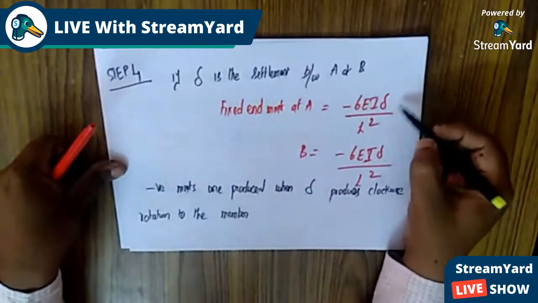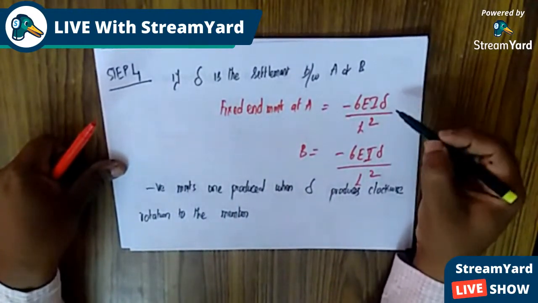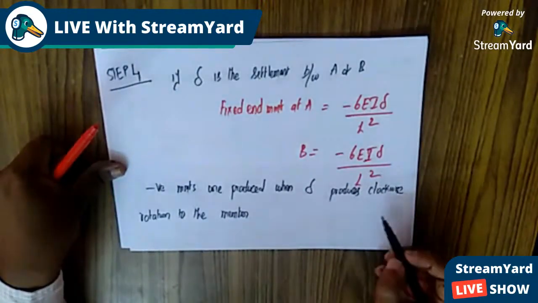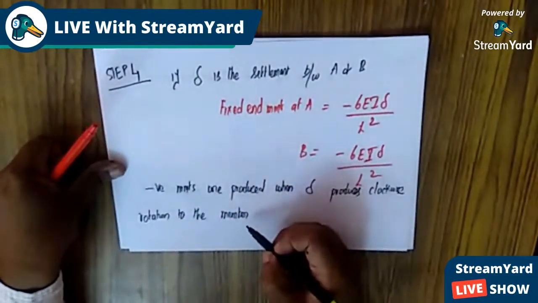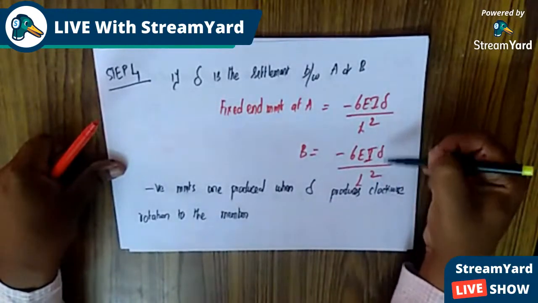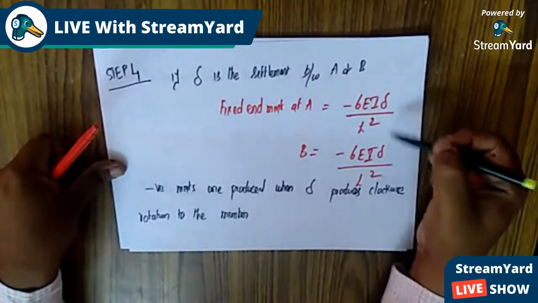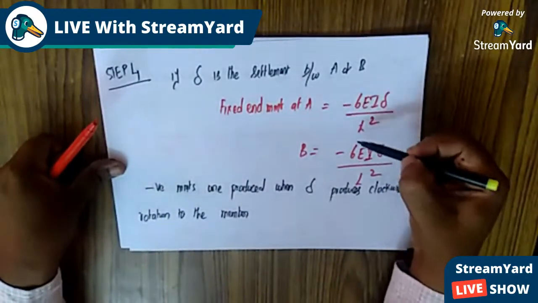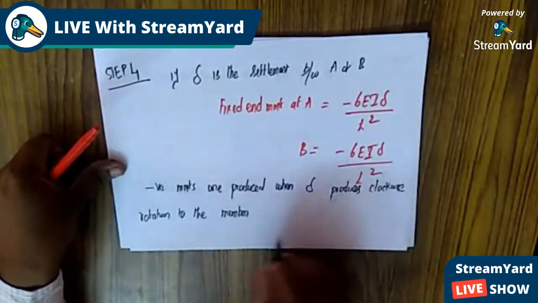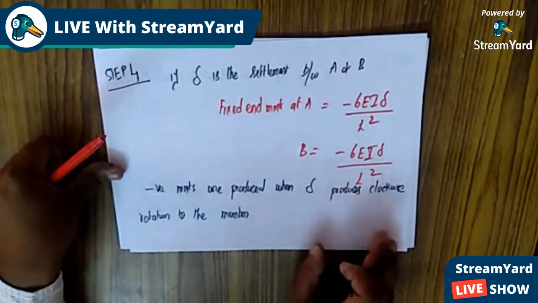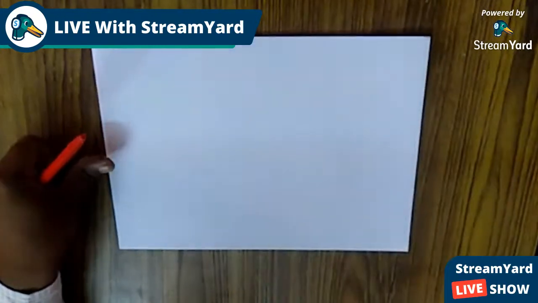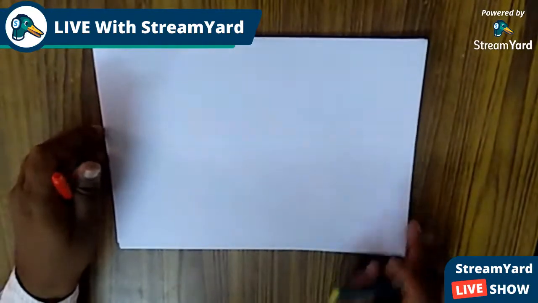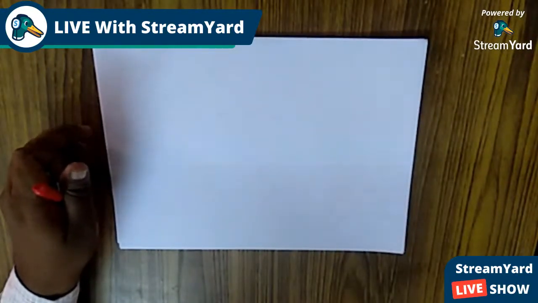Suppose the tendency of the settlement is such that it produces clockwise rotation to the member, then the moments are anti-clockwise, that is negative. Here the negative implies anti-clockwise moments, and this point gives the explanation for that.